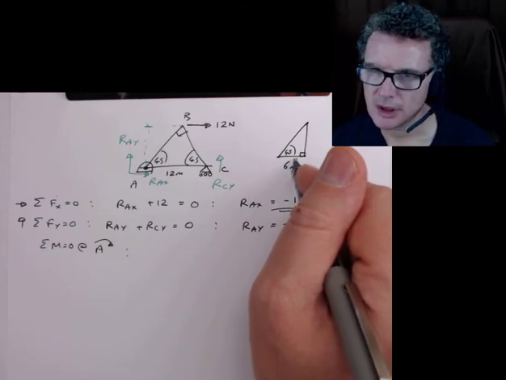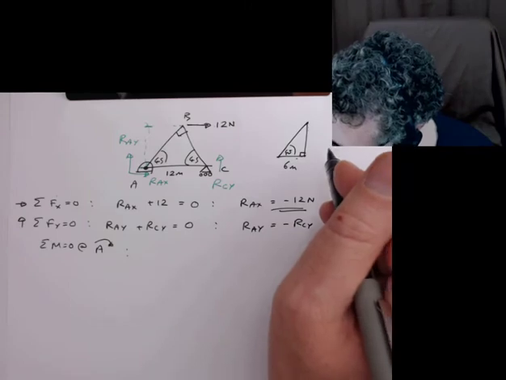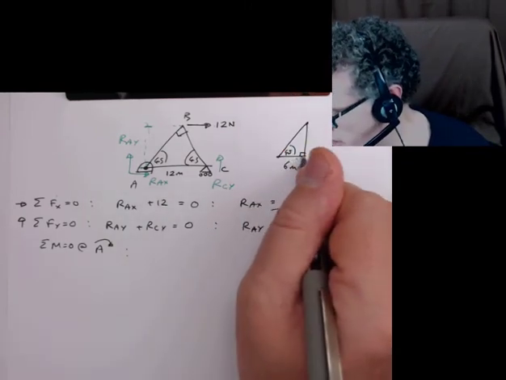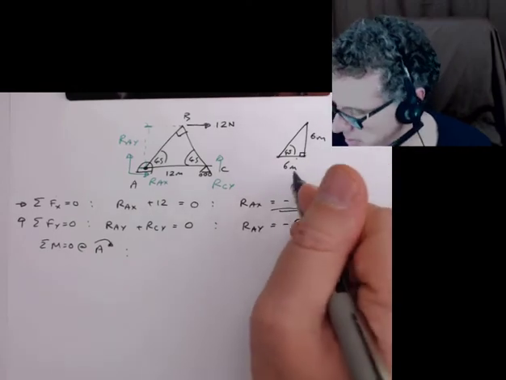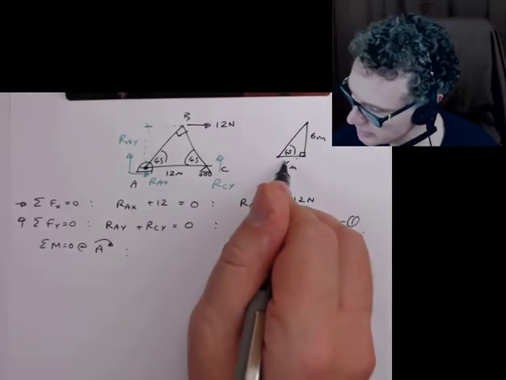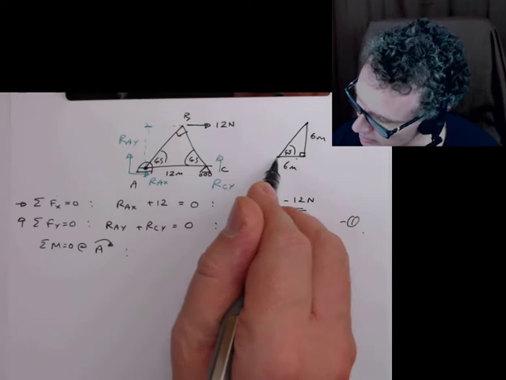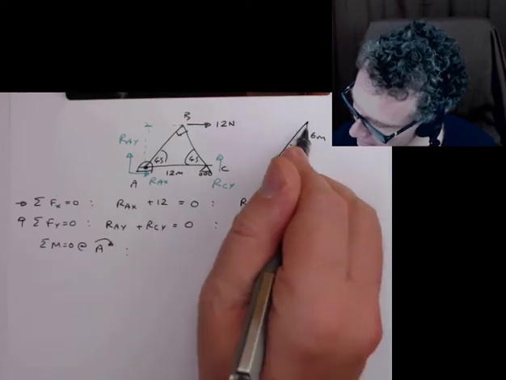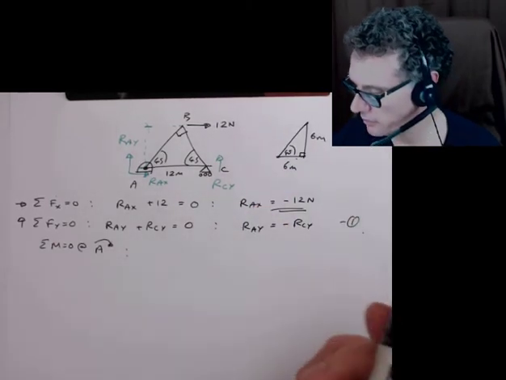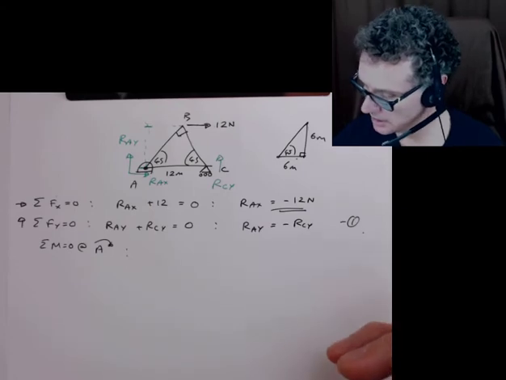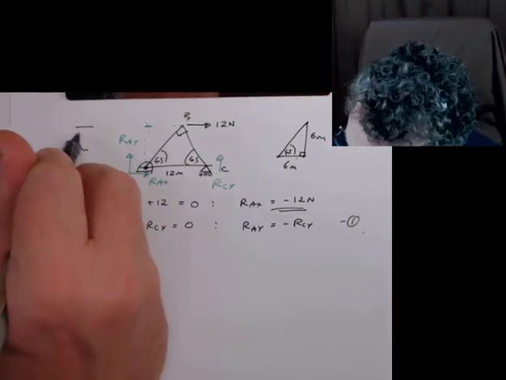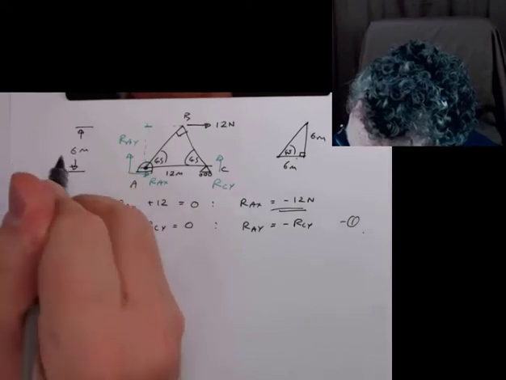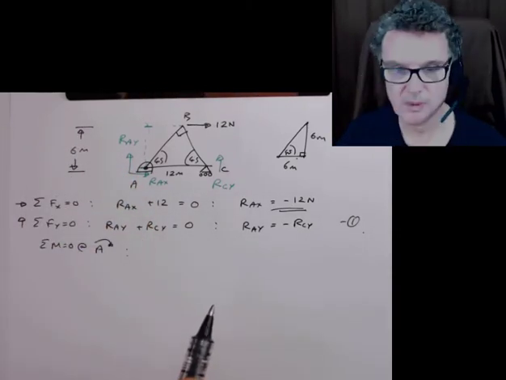I'm also thinking I'm being silly, because if this is 6 meters, that's 45 degrees, then I know that this is 6 meters. So this length here has to be this length here for it to be 45 degrees. Okay, so here to here is 6 meters.